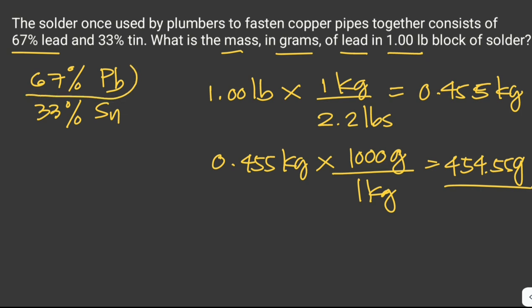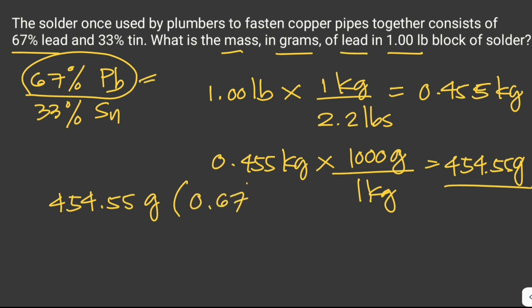Okay, now that we have the mass of the block of solder in grams, we can now multiply this by the percentage of lead that is in the solder. So we just multiply 454.55 grams times 67%. We convert this into decimal, which is 0.67.